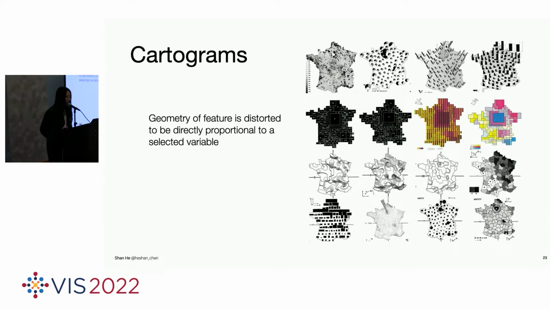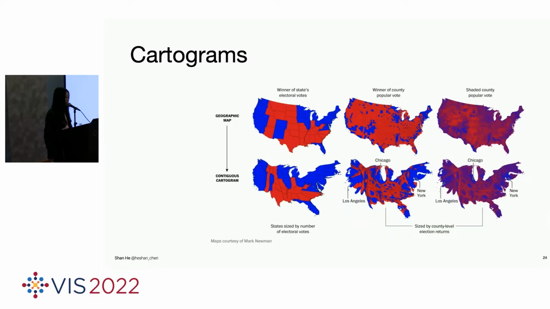To solve that, cartograms are designed to specifically address the fact that we always like to use real world dimensions to draw maps, but we can't avoid misleading people based on the real world position or size or distance of these elements. Cartograms are designed so that the geometry on the maps can be distorted based on different metrics.